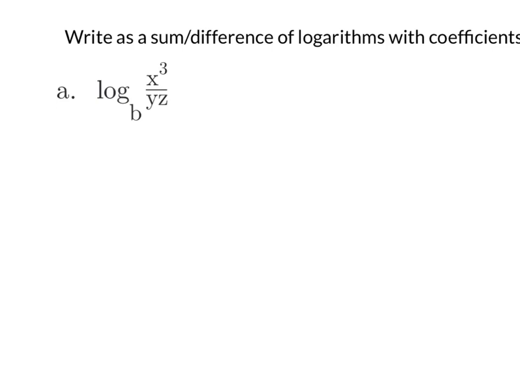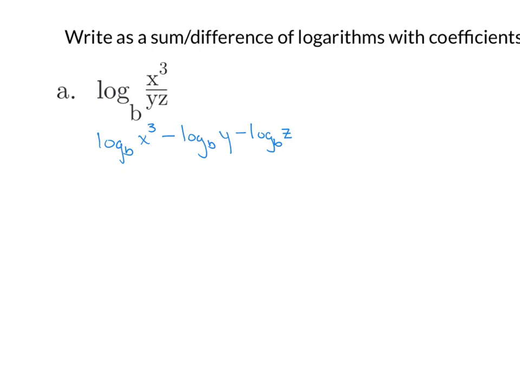So when we go ahead and separate this out, we get log base b of x cubed minus, because y is on bottom, it'll be a minus, log base b of y. Z is also on the bottom, so this is going to be minus log base b of z.